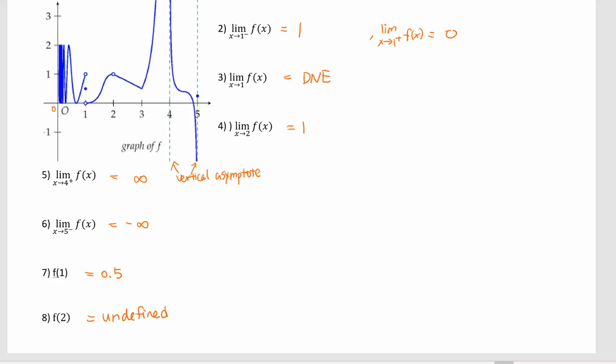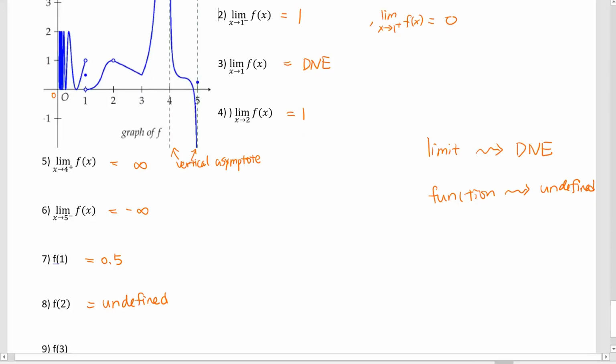So don't mess up. For limits, we say does not exist, and for the function value, we say undefined. Don't mess up. Okay, and do we have more parts?